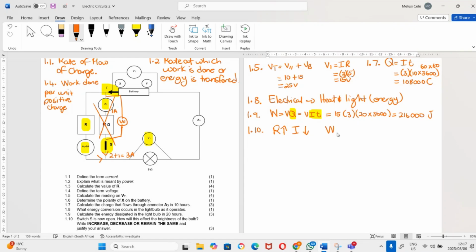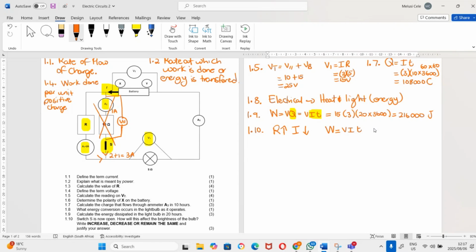Now, according to the formula that we've just used, which is W equals VIT, the current is directly proportional to the electrical energy that is transferred into the bulb or that is dissipated from the bulb. So if the current actually decreases, then the brightness, remember, current is related to brightness.